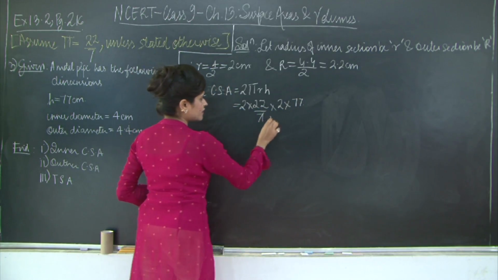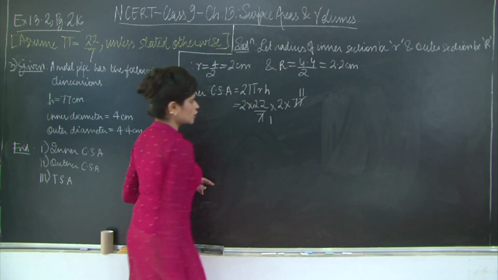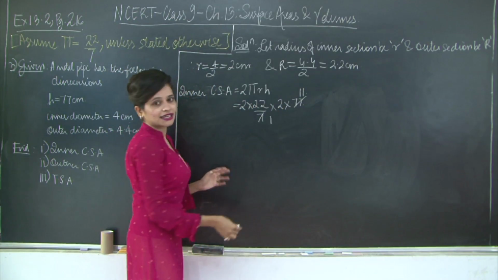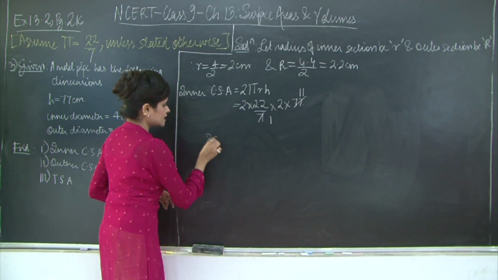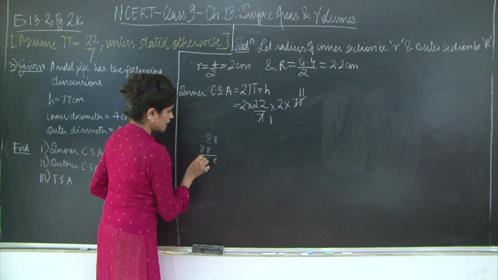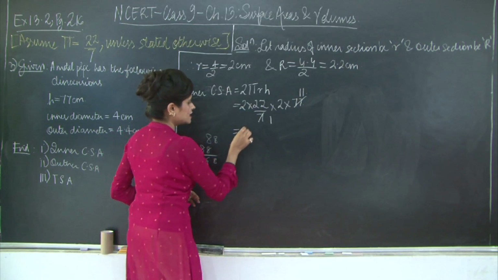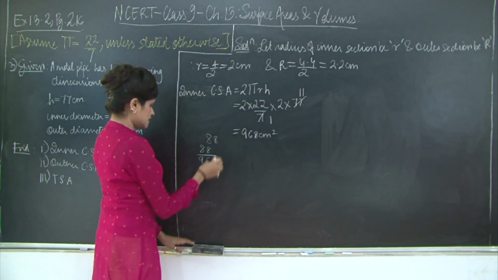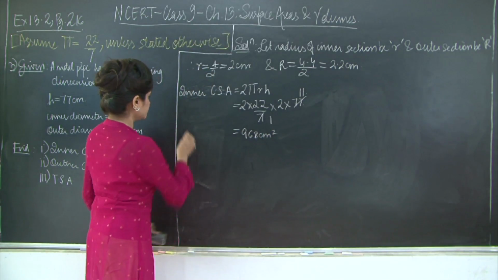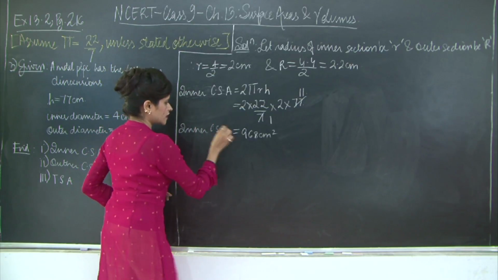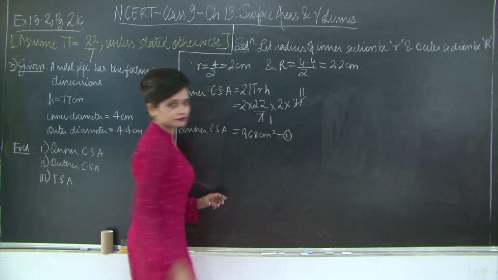So 7 ones are 7, 7 11s are 77. So you have 2 2s are 4, 4 22s are 88, 88 into 11 would be 968. This is going to be 968 centimeters square. So this is the inner curved surface area. Let's mark this as 1.